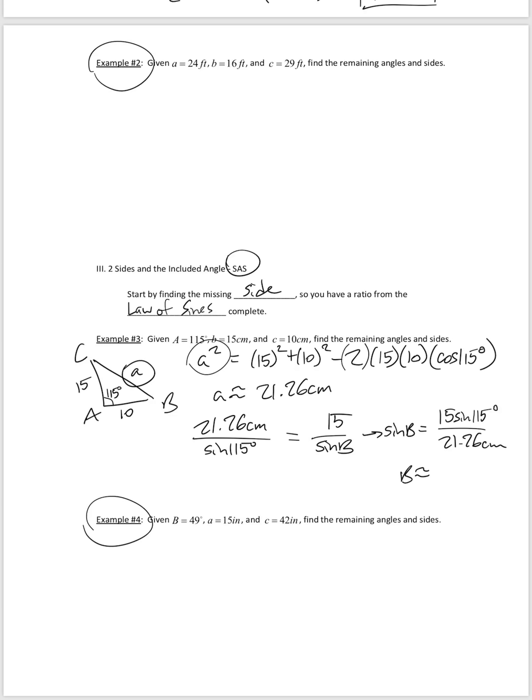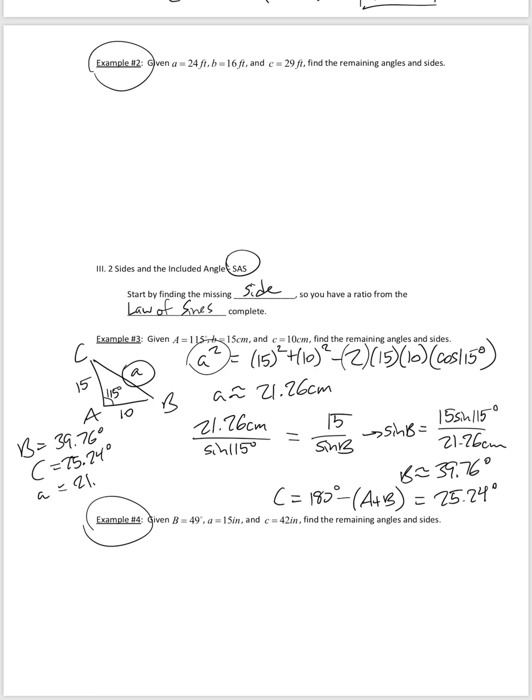B is about 39.76 degrees. And then angle C is going to be 180 degrees minus A plus B, which is 25.24 degrees. So B, 39.76 degrees, C, 25.24 degrees, and then side length A, 21.26 centimeters.